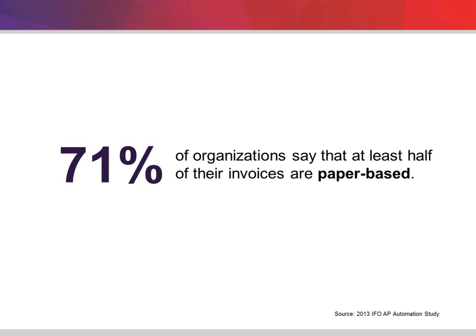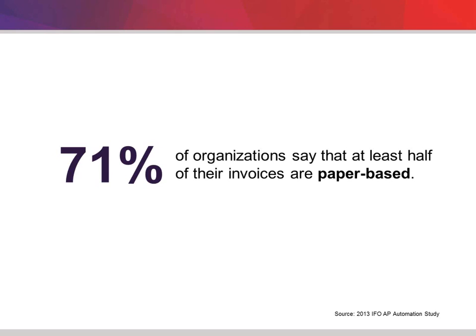And the study also finds that 42% of the respondents say that their volume of invoices is rising. Now that's significant because if you're saddled with an inefficient, costly, error-prone, paper-based process that's cutting you out of opportunities to capture supplier discounts, you don't want to see your invoice volumes rise because the problem's only going to get worse.